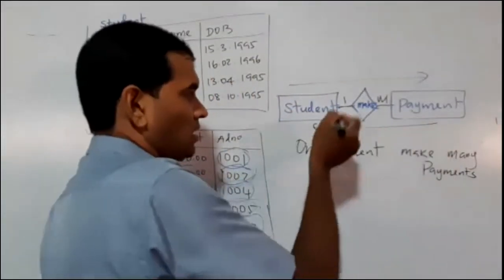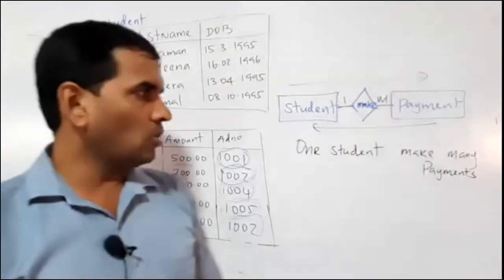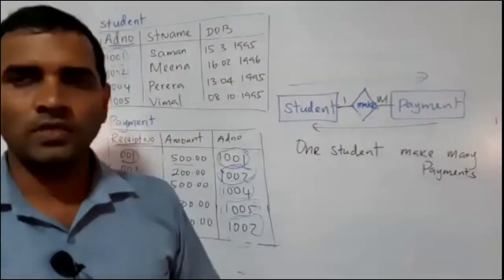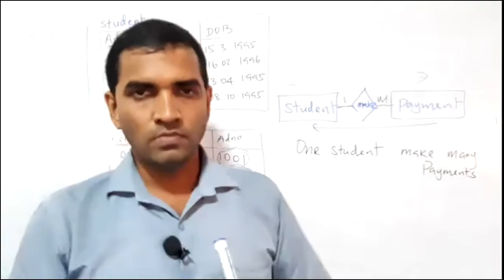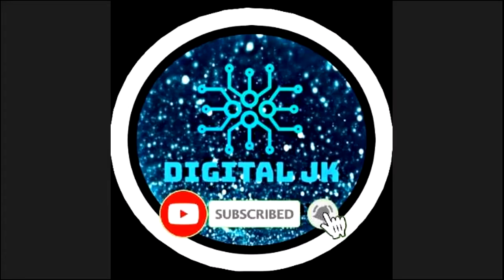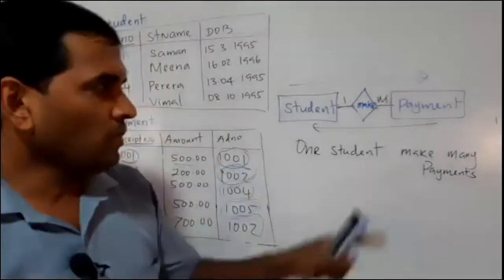Give me a meaningful sentence in the opposite direction, from payment to student. Can anyone? Many payments can be made by one student. One payment can be done by only one student. Yes, very good. So you can't say that many payments are made by one student. That is not the idea.